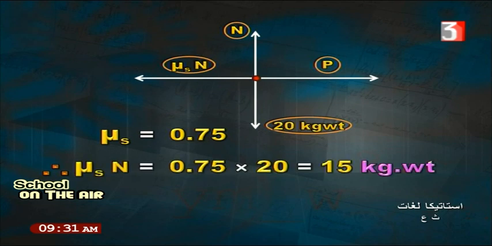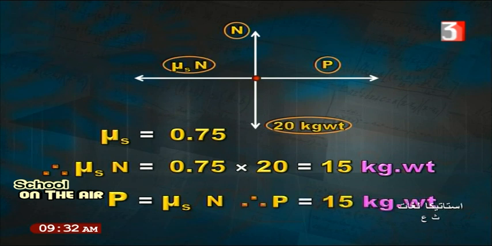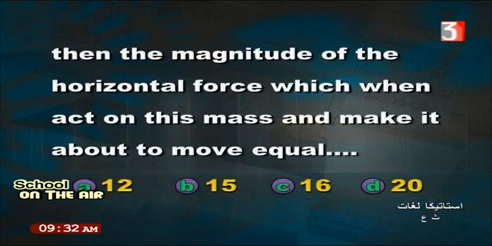From the opposite figure, F equals mu S times N, which is 0.75 times the normal reaction 20. The answer is 15 kilogram weight. Then the force equals 15 kilogram weight. The correct answer is B, 15.